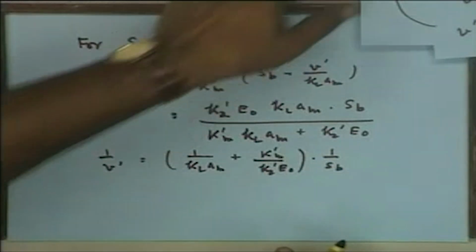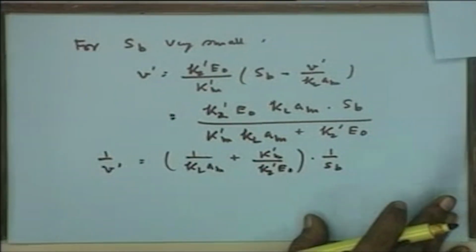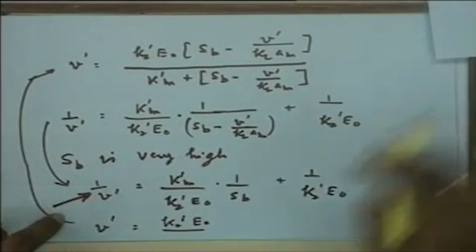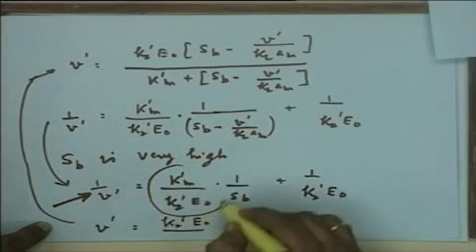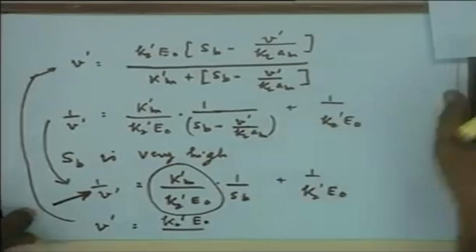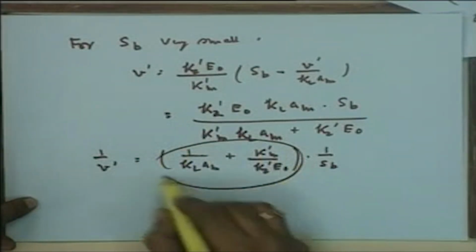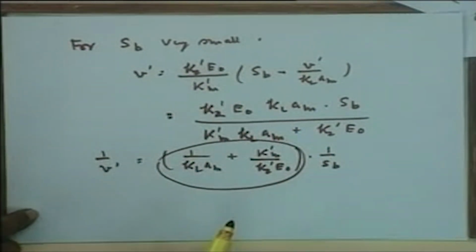Essentially, if you now look at the two different conditions of the Lineweaver plot, in the case of SB very high, the Lineweaver plot will have the slope as K dash m upon V dash m, and on the other hand, when the substrate concentration is very low, the slope will be 1 upon KLAM plus K dash m upon V dash m.